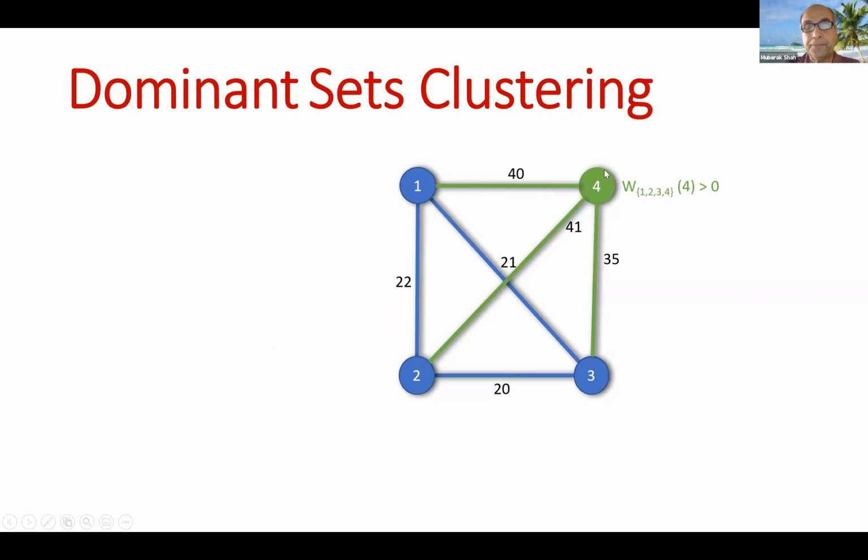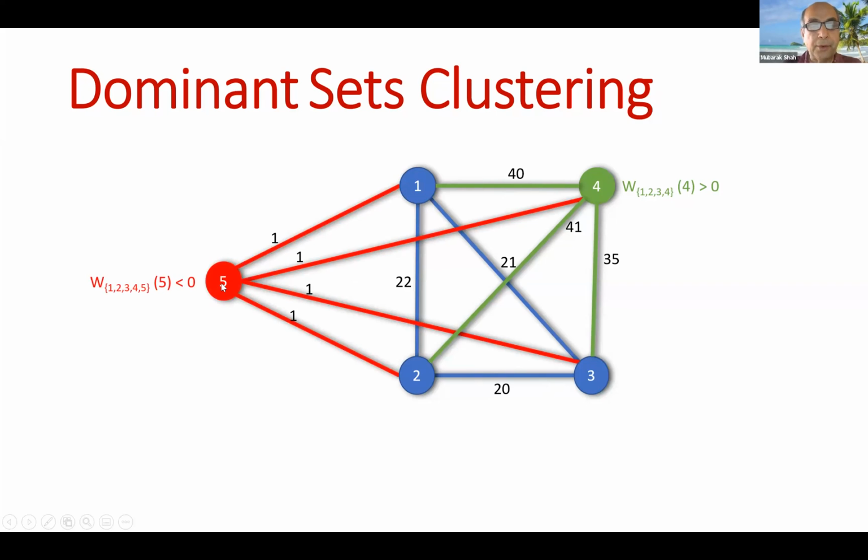The weight for this is positive, and therefore all 4 vertices form a dominant set, because their similarity is similar. Now if we add another node, node 5, these are the similarities from 5 to other nodes, and this is very different compared to this one. And so this weight W becomes negative, and this is not a dominant set, okay?